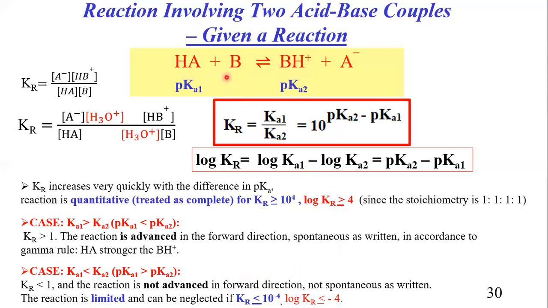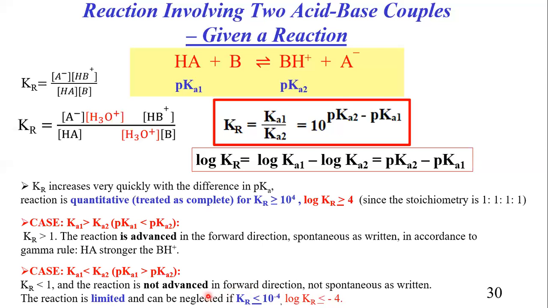Why am I saying that? Because again, we have here a mixture. I actually have initial concentrations here and maybe initial of the product. So I can go in the opposite direction. But as written, the reaction is not spontaneous. If you find that the Kr is actually less than 10 to the minus 4, then you would say that this reaction is limited and it doesn't proceed.